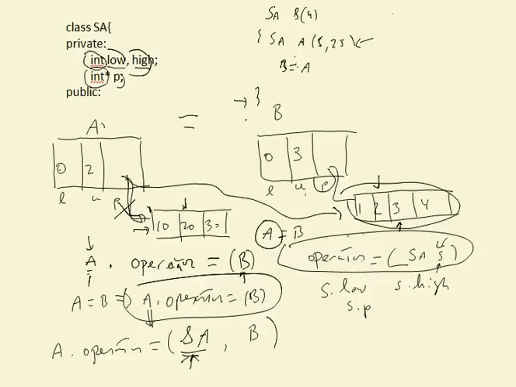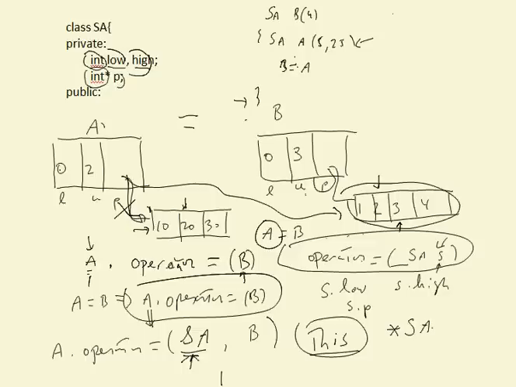The name of that variable is this, and the type of this is a pointer to the class type. So in this case, since we're dealing with safe arrays, the type of this is going to be a pointer to a safe array. Now this is going to be important because we're going to need this when we actually see how to write the assignment operator. Okay, so that's very important to understand.